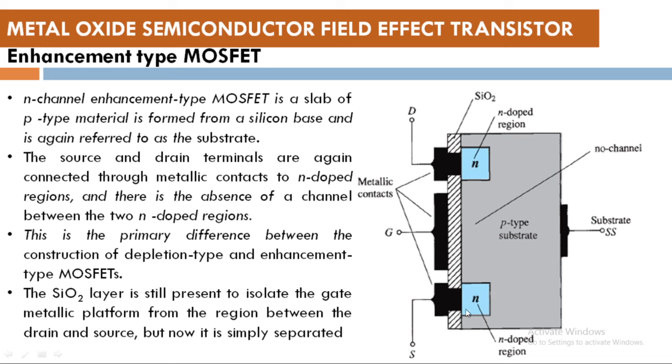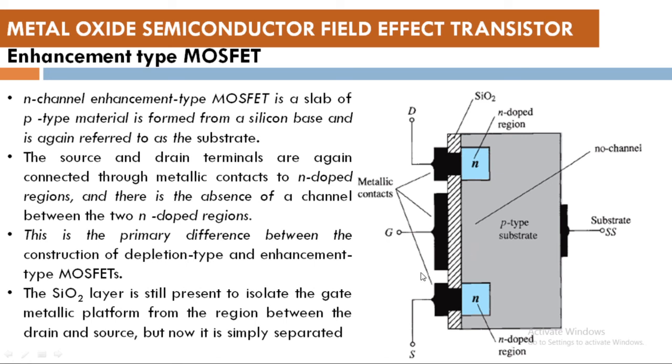It will have an N-doped region, which we will call as source. Both are connected with the terminals D and S, but here there is no channel between the drain and source. So initially this particular device will be off.